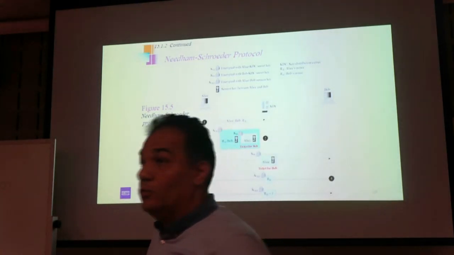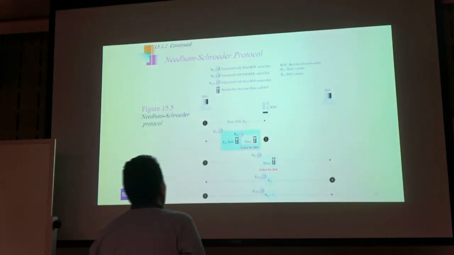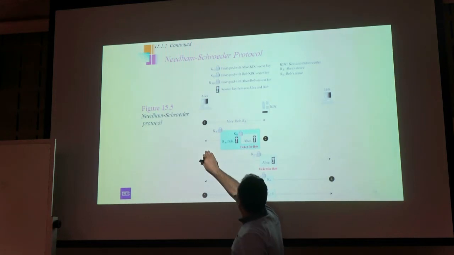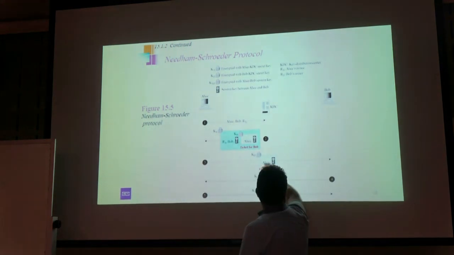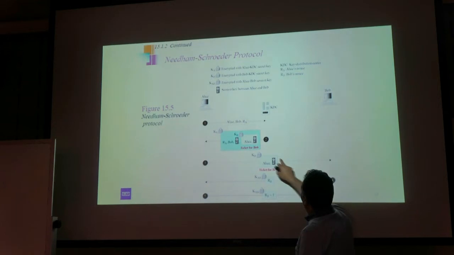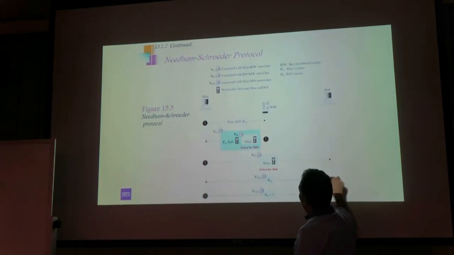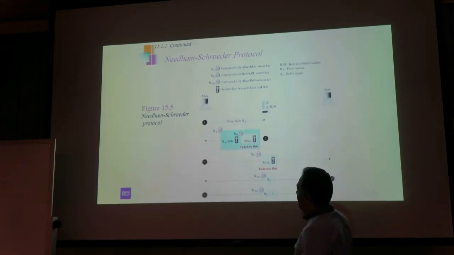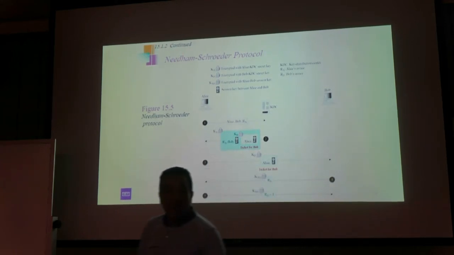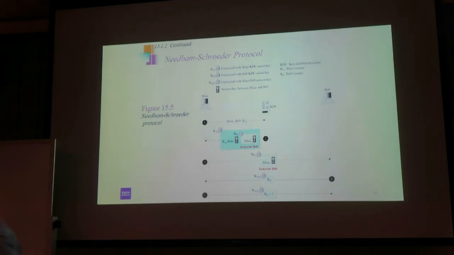Alright, then it will send to Bob the box which Alice cannot open, but Bob can open. Now Bob has the key, and then we exchange the nonce encrypted to make sure that there is no replay. So the idea here is to prevent replay.